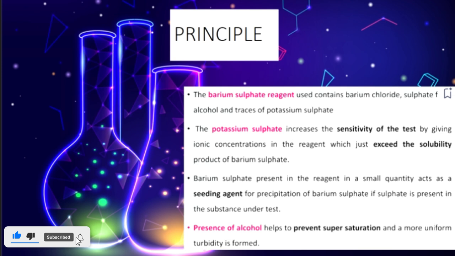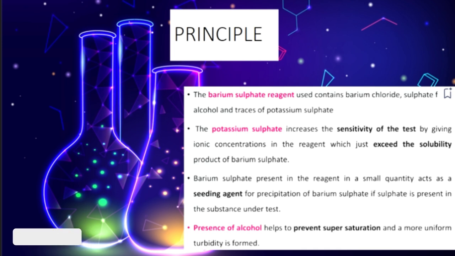Potassium sulphate is used because it increases the sensitivity, and barium chloride acts as a seeding agent for the precipitation. As we know, the acidic medium is used to prevent other substances from reacting, so that we get the correct and meaningful reaction.